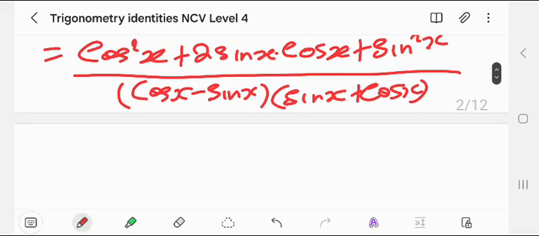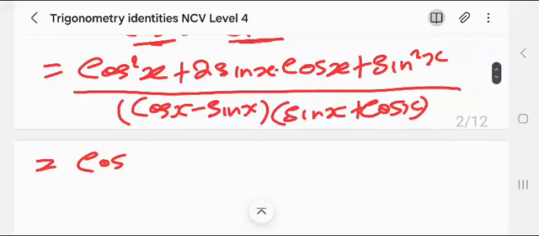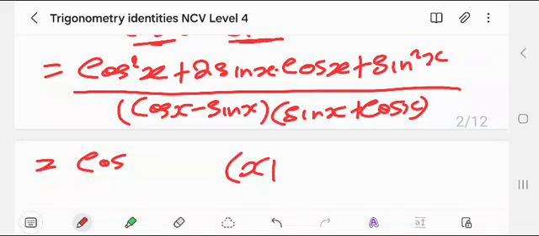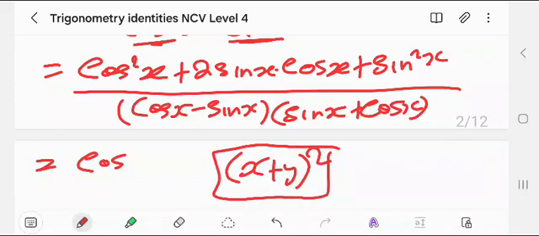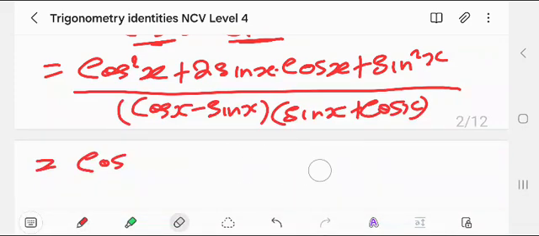Right now we are on the right track, but this one on the top, suppose we know this one on the top, that will be simply equal to cos. Factorize what is in the top there. You can factorize that. You remember, if you have something of this form, x plus y squared. Do you still remember that? So we have it in terms of cos x plus sine x.